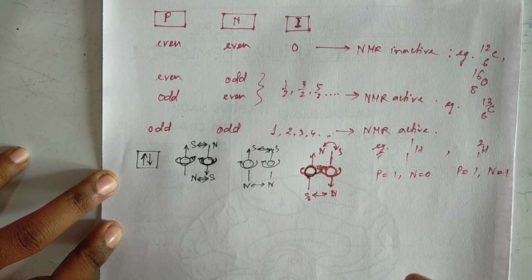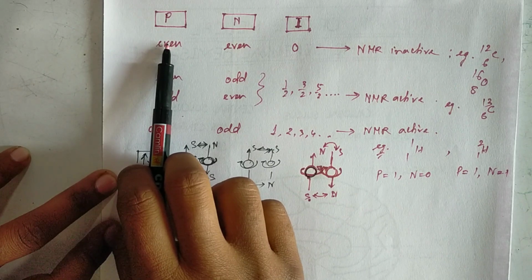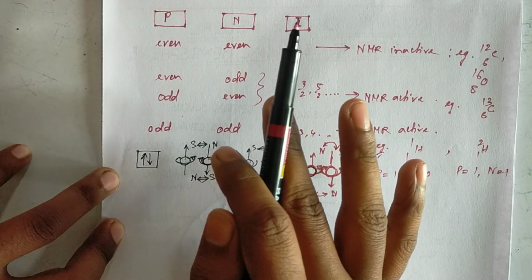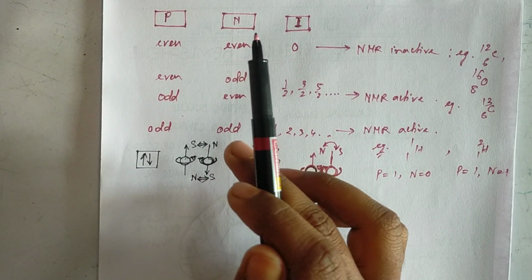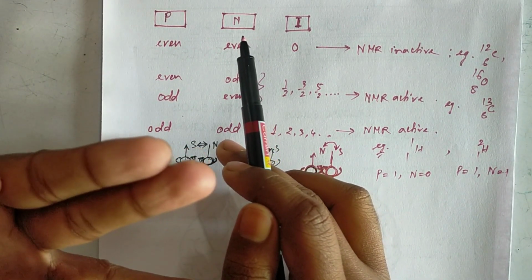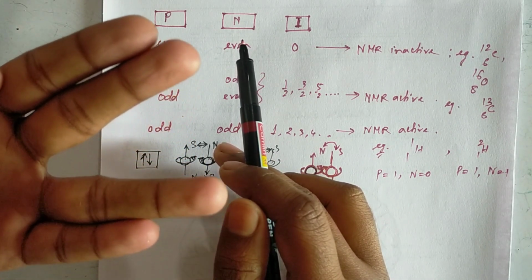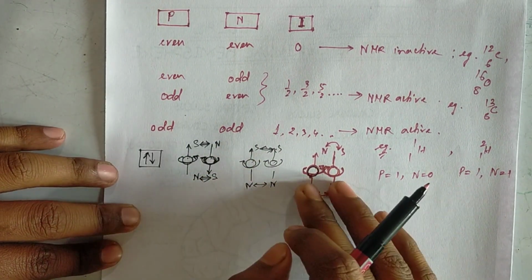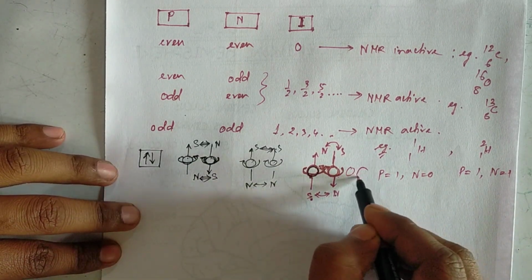Okay. Now you can see here there are an even number of protons. So suppose there are 4 protons in the nucleus, those 4 will pair up and there will be 2 pairs. Suppose there are 4 nucleons like this, 1 2 3 4.